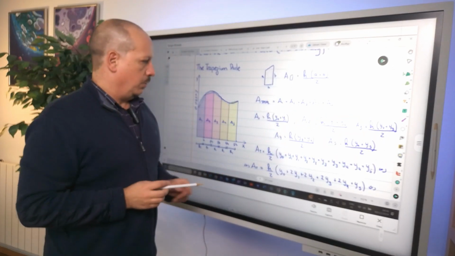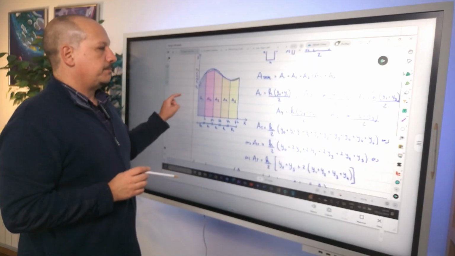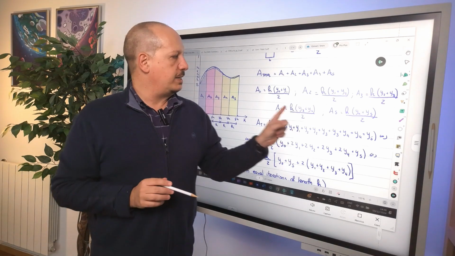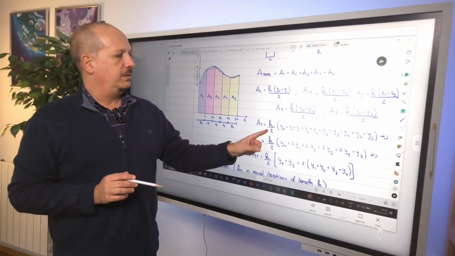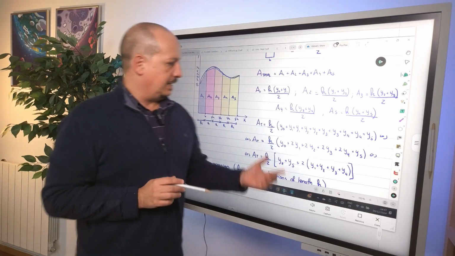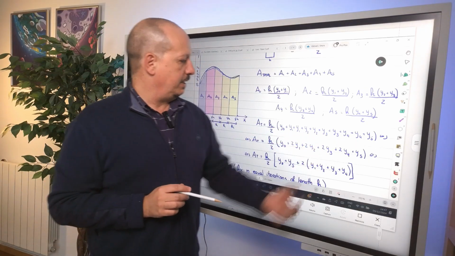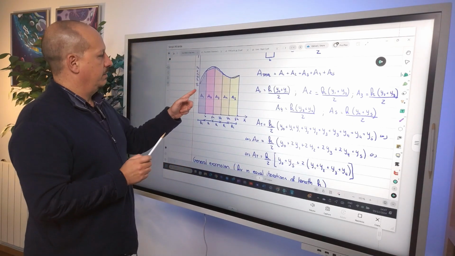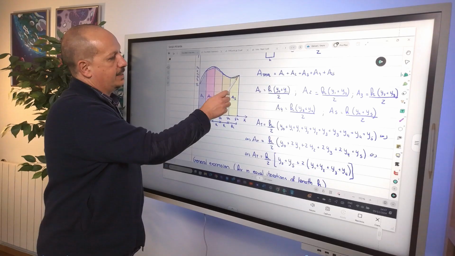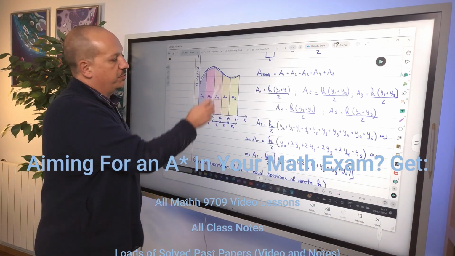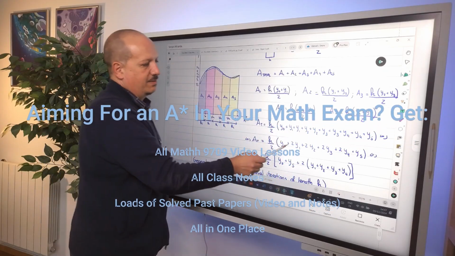Okay? What I did then, I just factorized the h over 2, which is present in all of them, and I left inside the brackets whatever you have left. I organized it in a way that allows you to see that you'll have this side once, that side once, and each one of these interior sides, if you will, twice, right?